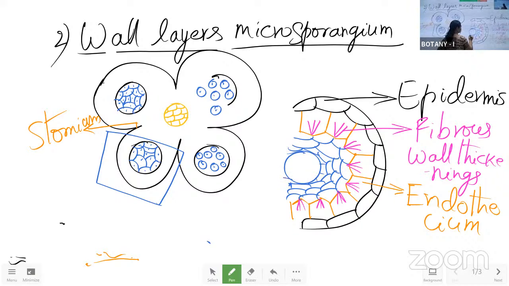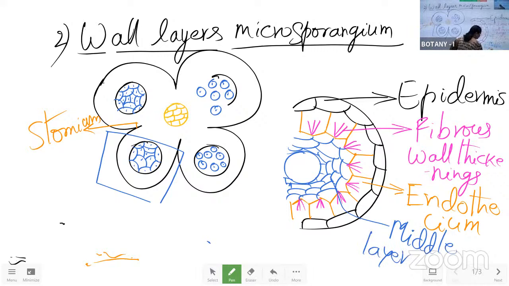And what do we have to say about these middle layers? Middle layers are present in between the tapetum and below the endothelial cells, and they are present in many rows, that is minimum to maximum 7.